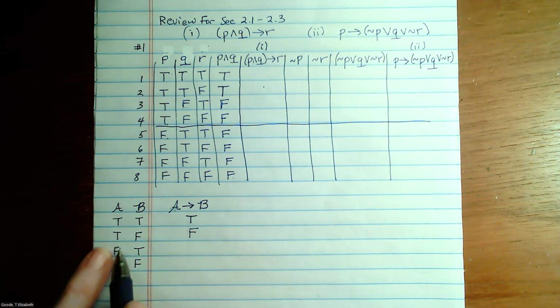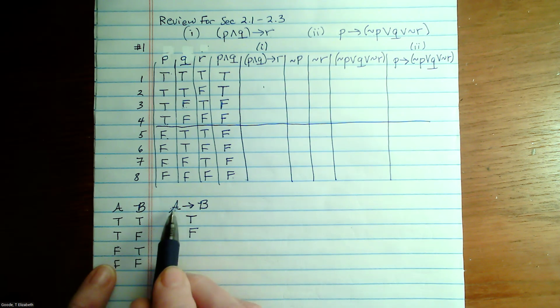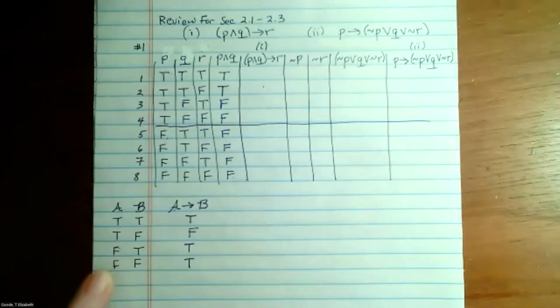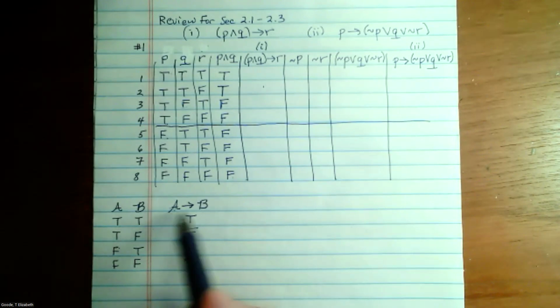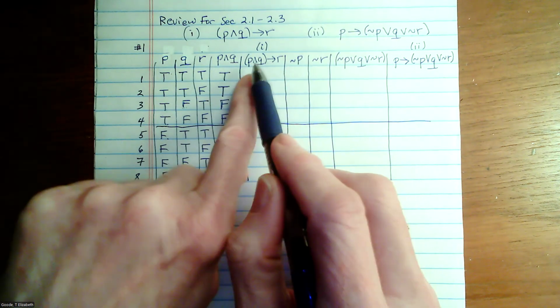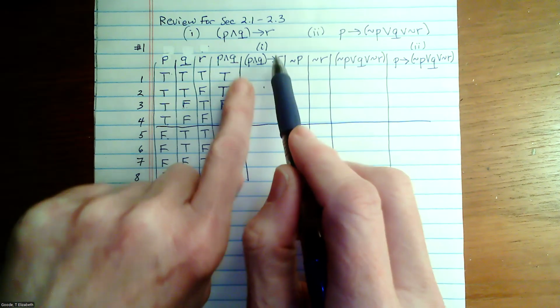And if the hypothesis is false, no matter what, the if-then is true by false hypothesis, okay? So that's the rule for evaluating an if-then statement.